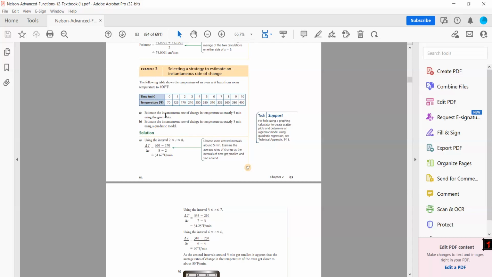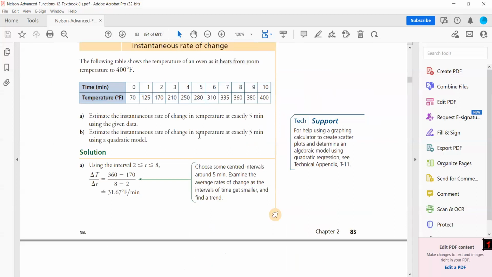They have a table of values, and we have to estimate the rate of change at exactly 5 minutes. So for this period of time here, you could use the interval technique that we learned. For example, take an interval from 4 to 5, or from 5 to 6, or from 4 to 6.